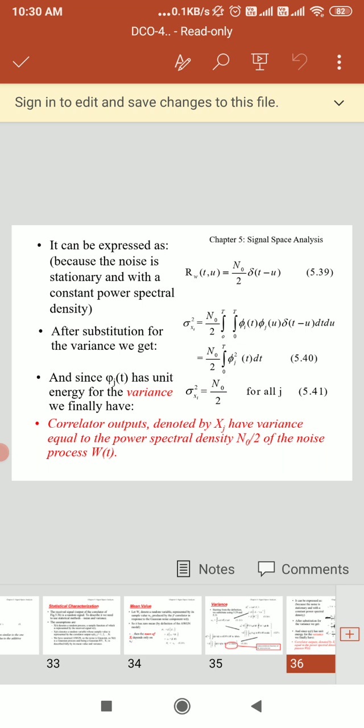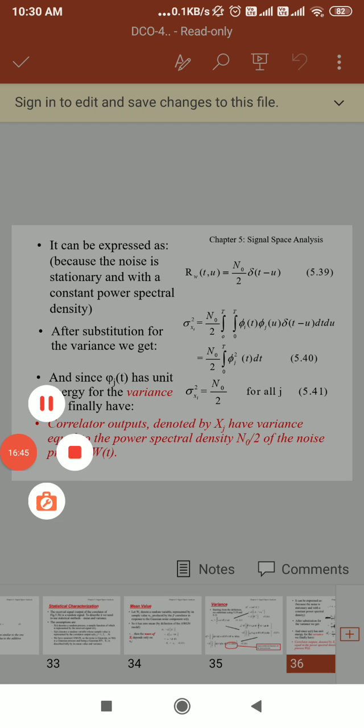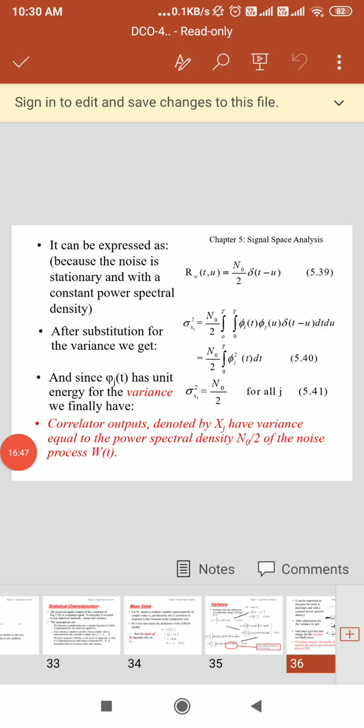After substitution, if we put the value of the autocorrelation RW of t comma u, equation 5.39, in equation 5.38, our variance equation becomes sigma xj square equal to N naught upon 2 into the double integration 0 to T phi j of t phi j of u delta of t minus u dt du.